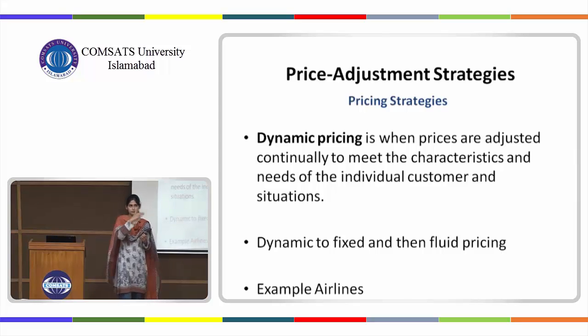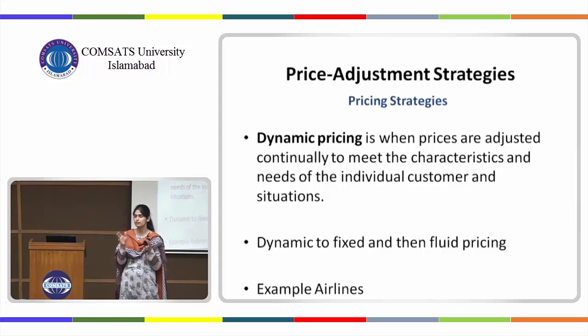We took the example in the previous lecture as well of how prices change every now and then for a particular flight, right? So if you book the ticket half an hour before the flight, you get a very cheap rate, a very inexpensive ticket. If you book the ticket during, let's say, Christmas or the Eid season, you might not end up getting the ticket. If you're lucky enough, the ticket prices would be very high.